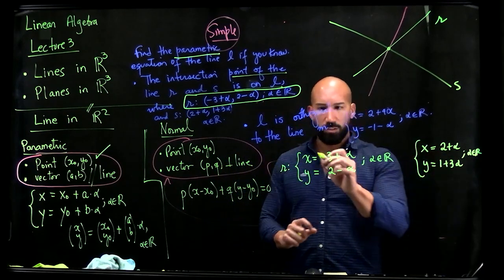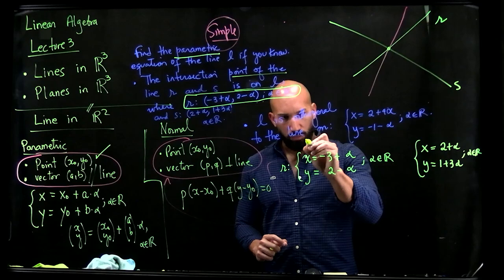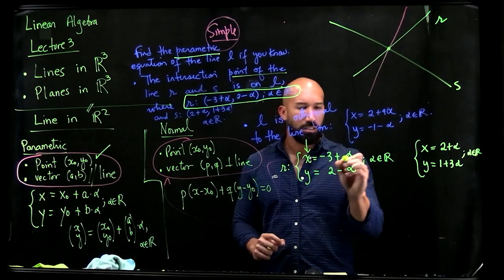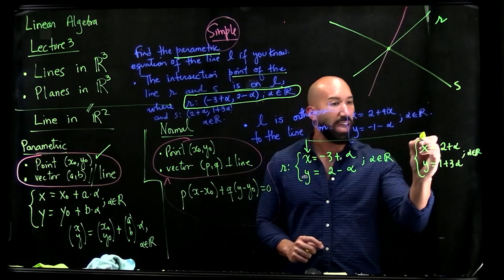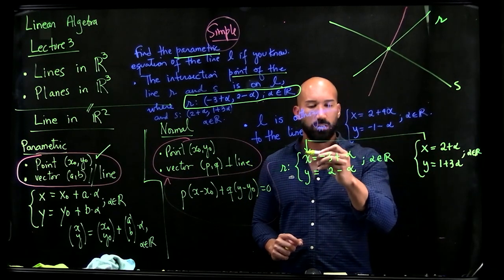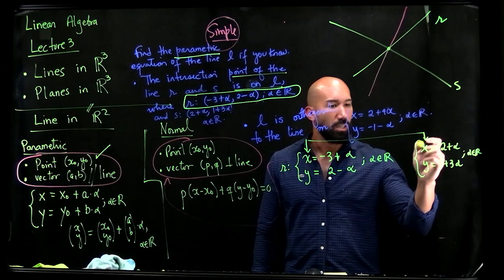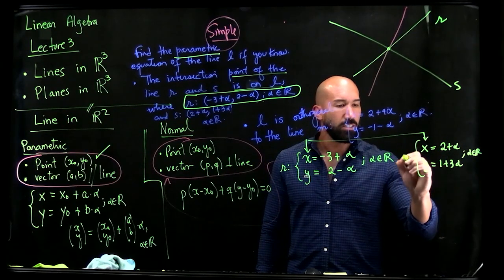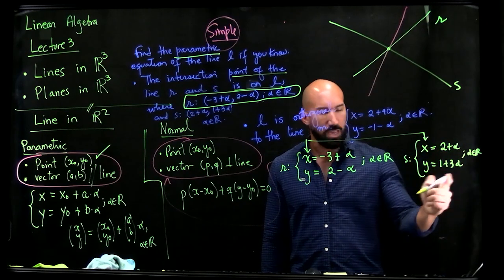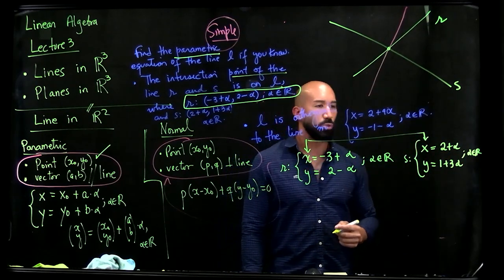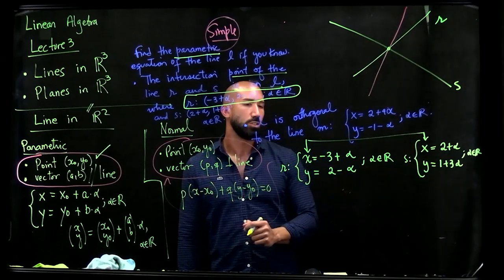And the same here. If that point is also on the line S, for that point, we are going to be able to find alpha, making these two equations into identities.